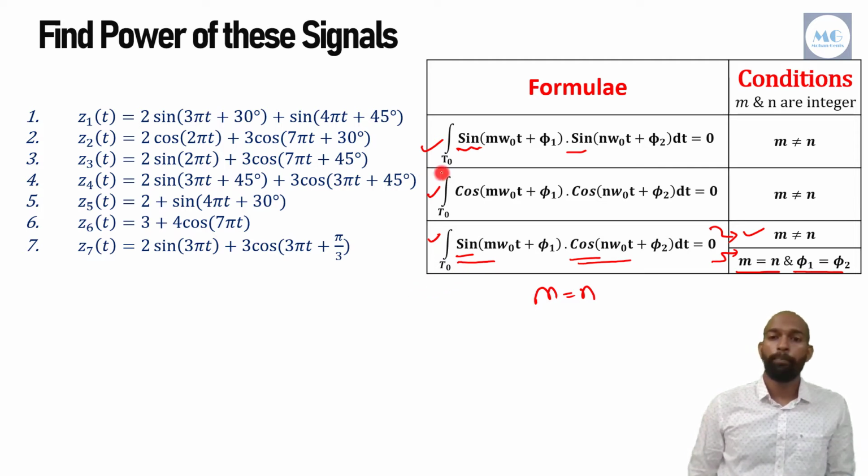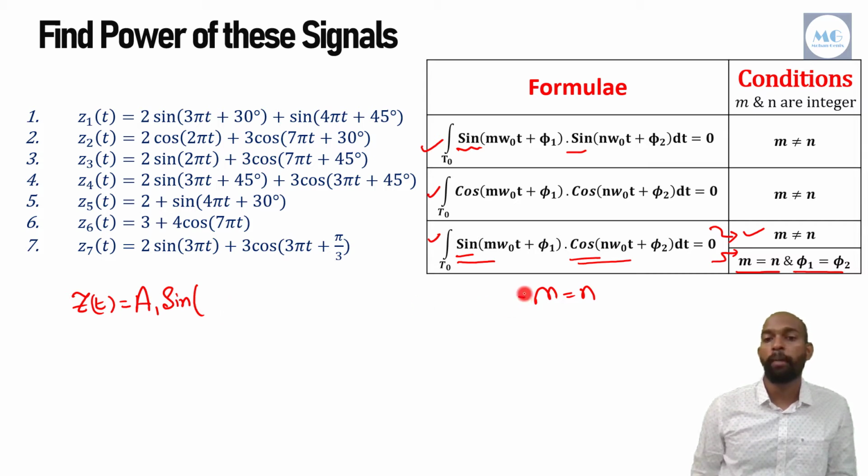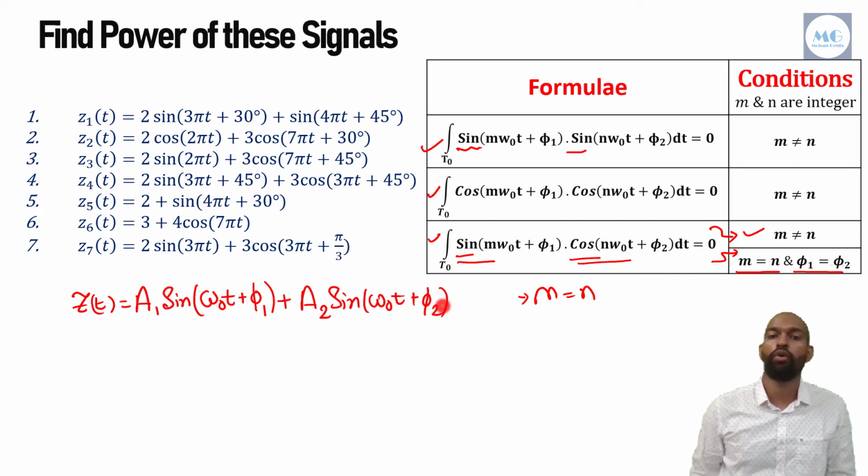Suppose we write z(t) is equal to a1 sine(omega naught t plus phi 1). I am not writing m omega naught t as I am considering m equal to n, so I am writing directly omega naught t plus phi 1, plus a2 sine(omega naught t plus phi 2), which is similar to our first formula.